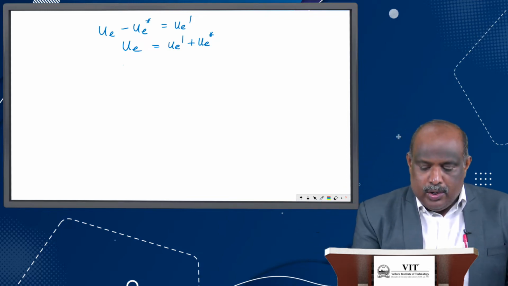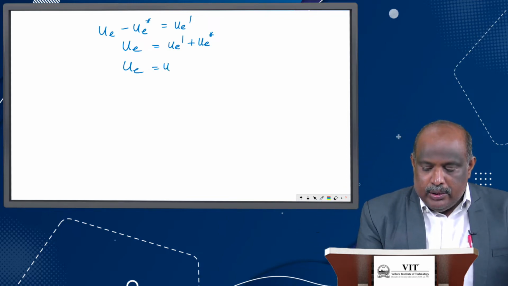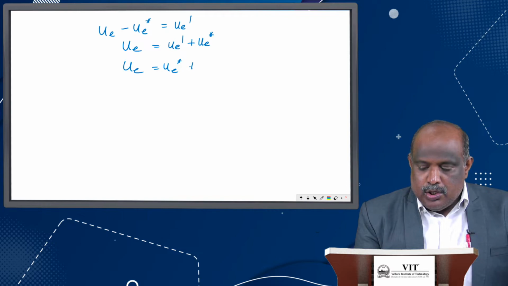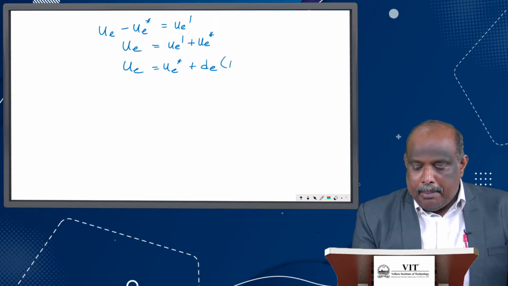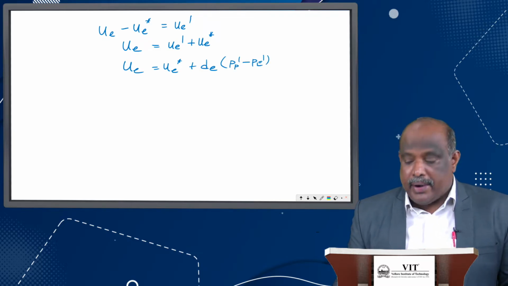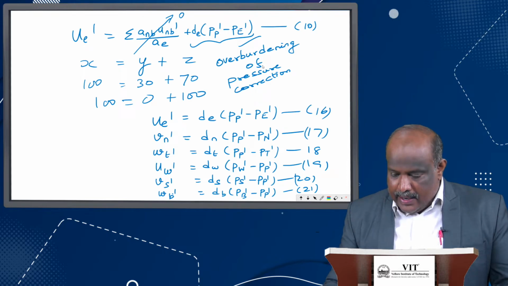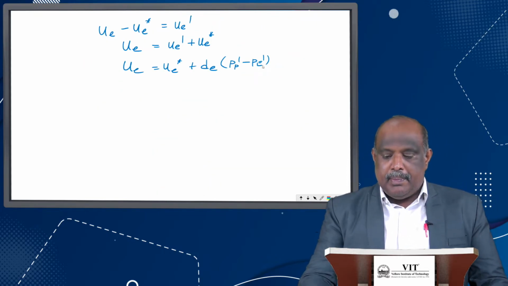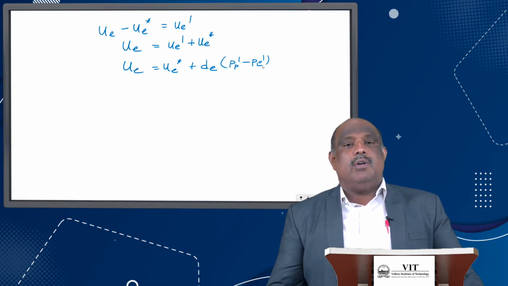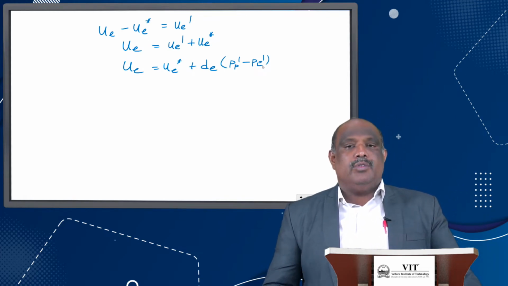Already we know Ue star, and what is Ue prime? Ue prime is nothing but dE of Pp prime minus Pe prime. So now I have the refined value of Ue.